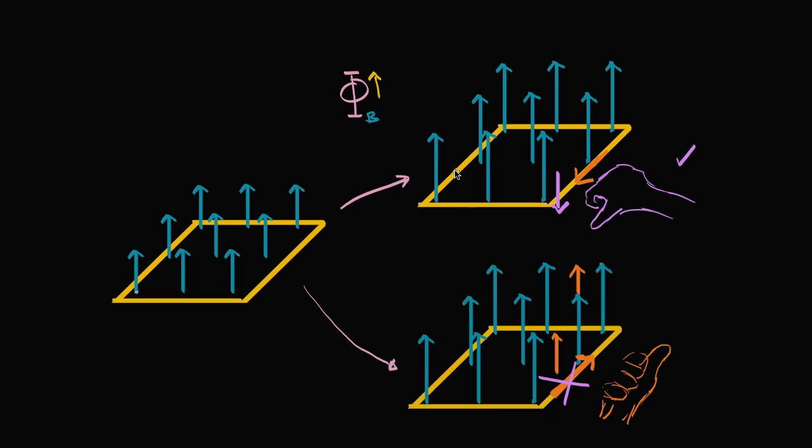The current in that direction would also, when you take your right hand and put it along here, if you're going in the clockwise direction over here, that too, when you do your right hand rule, your fingers would coil around that way. And so once again, when you look at the surface, it would induce a magnetic field that is going in that direction.